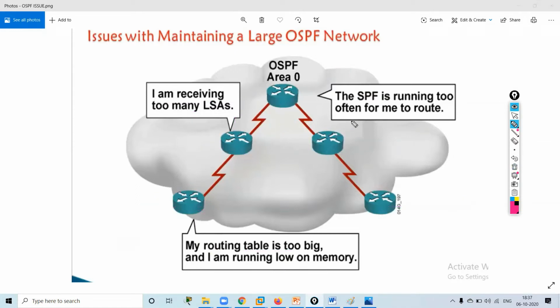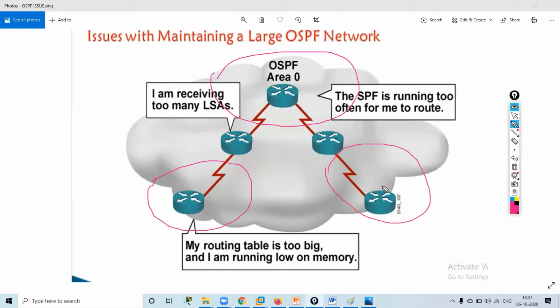Now what we did, we divided this complete network into logical areas. So any changes that occur will be limited within the area only. This is my area 0, this is my area 1, this is my area 2.